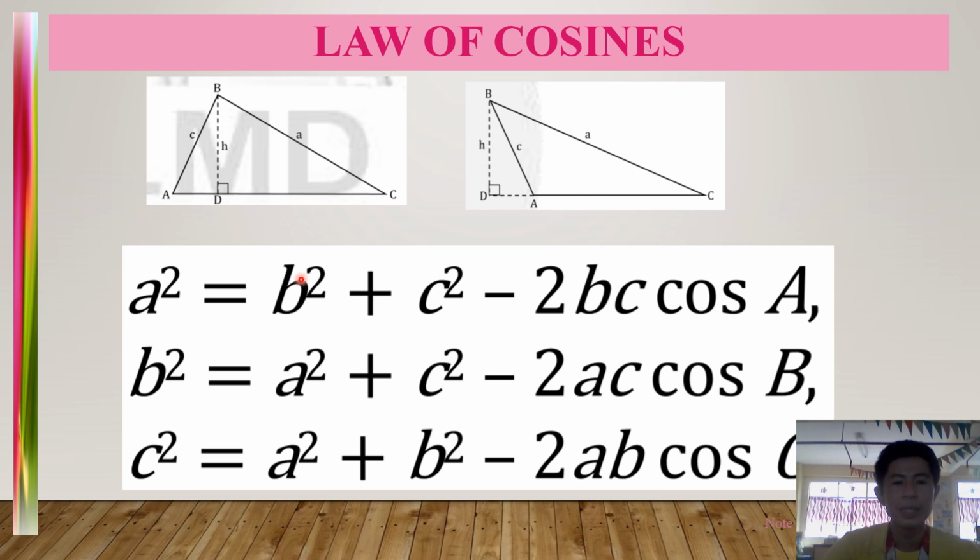These are the three formulas that you need to be familiar with in solving for the missing part of an oblique triangle. So these are the law of cosines.